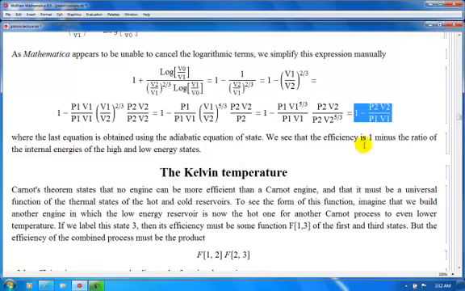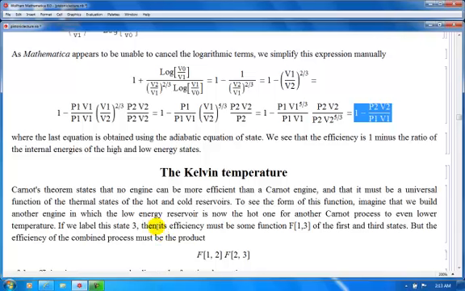We see that the efficiency is 1 minus the ratio of the internal energies of the high and low energy states. Well, Carnot's theorem states that no engine can be more efficient than a Carnot engine, and that efficiency must be a universal function of the thermal states of the hot and the cold reservoirs. To see the form of this function, imagine that we build another engine in which the low energy reservoir is now the hot one for another Carnot process to an even lower temperature.